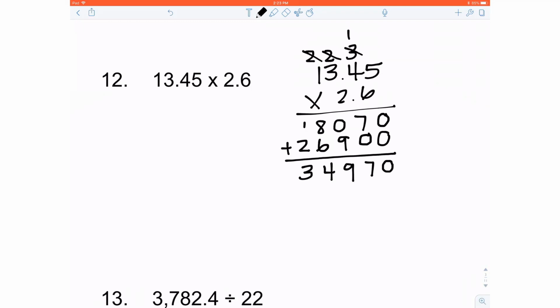So now that I've done that, I'm going to go 1, 2, 3 numbers behind the decimal point. Remember, we're looking to see how many numbers are behind the decimal point. However many there are, 1, 2, 3, that's how many there are going to be in my answer. 1, 2, 3. So my decimal point goes there.